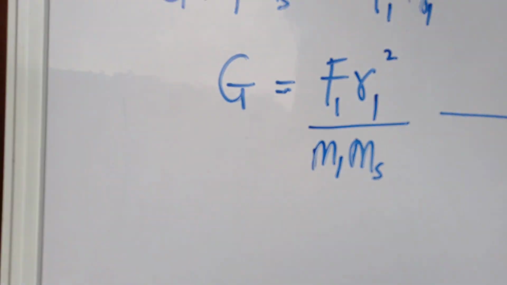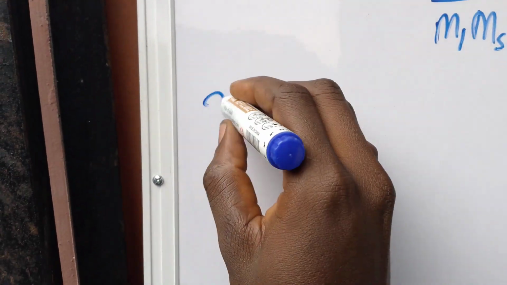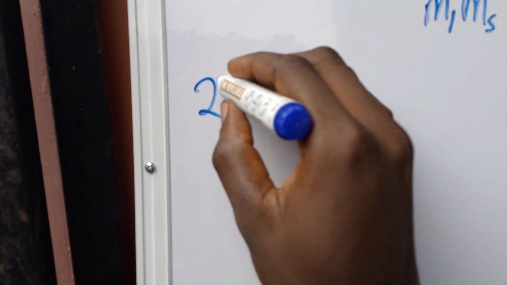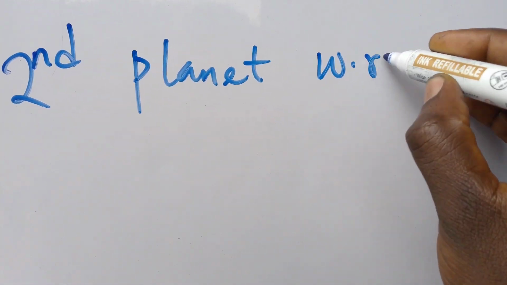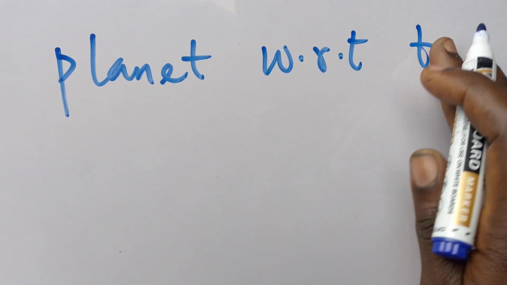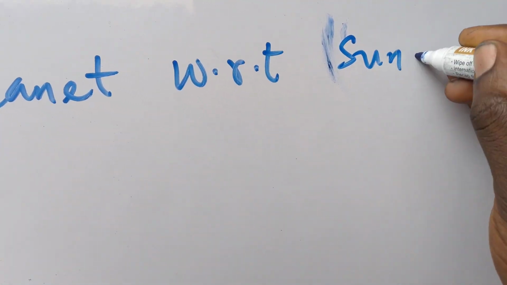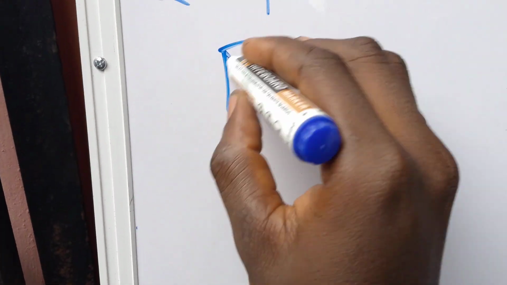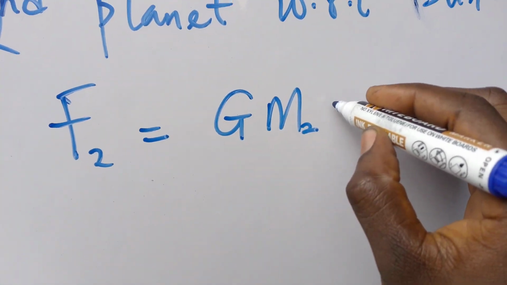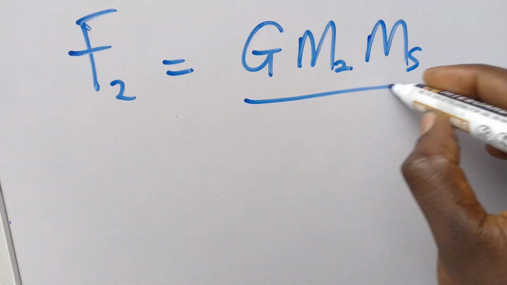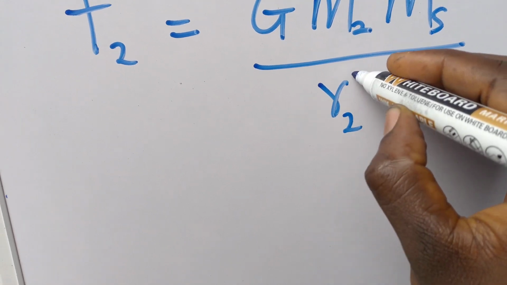Then we'll look at the second planet with respect to the sun. That is F2 equals G M2 MS over R2 square.